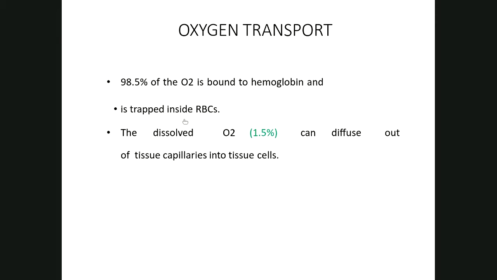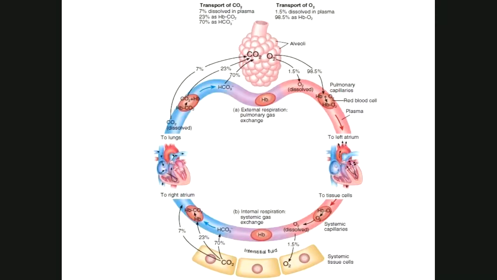How much is dissolved in the plasma? It is only 1.5%. So how is the oxygen carried in the blood? It is carried bound with hemoglobin. That's the main portion, 98.5%. While in CO2, the percentages are different. Mainly CO2 is carried as bicarbonate. We will explain it later.